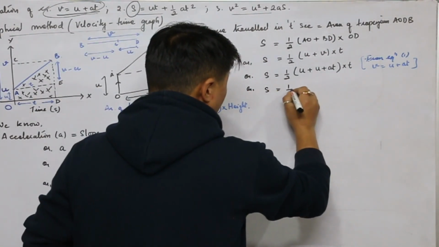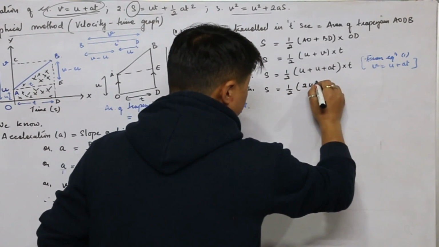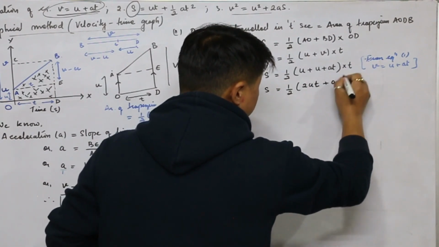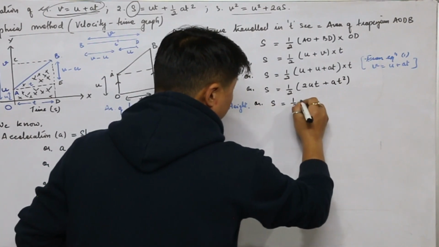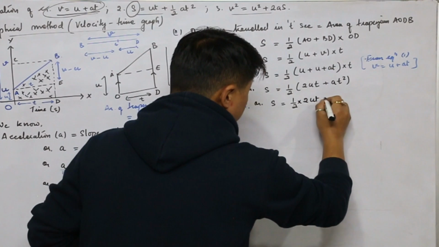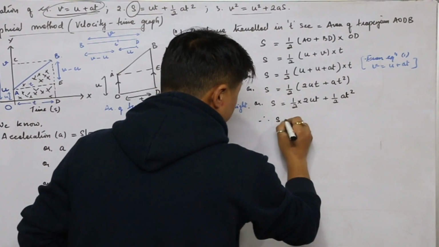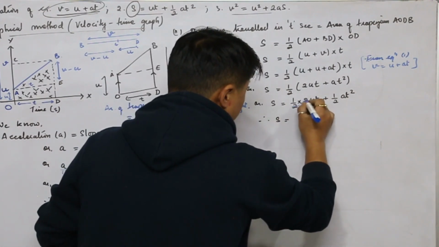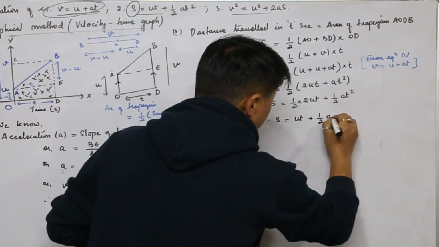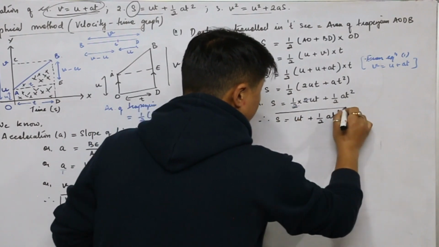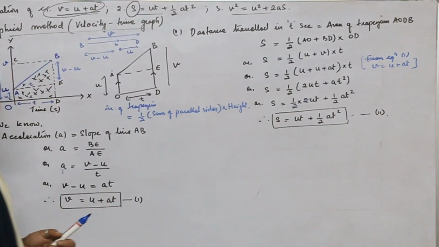S is equal to half into 2U into T plus AT into T, here T square. Now open the bracket. S is equal to half into 2UT plus half into AT square. Therefore, this 2 and this 2 will get cancelled: S is equal to UT plus half AT square. This is the derivation of the second equation.